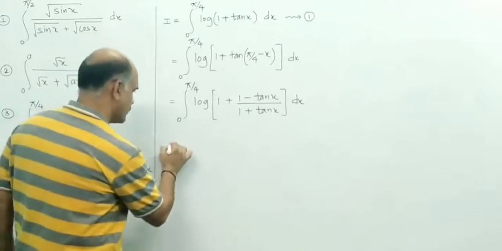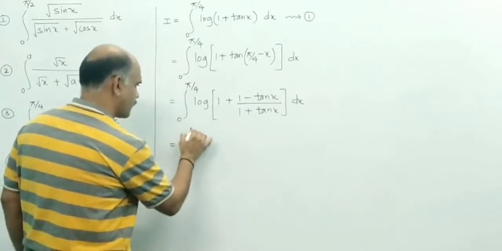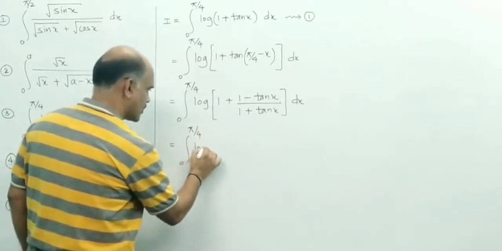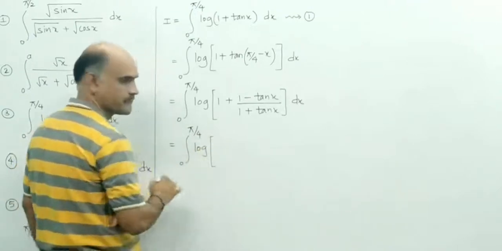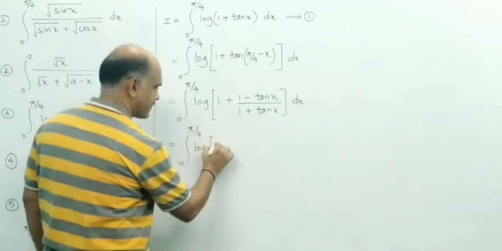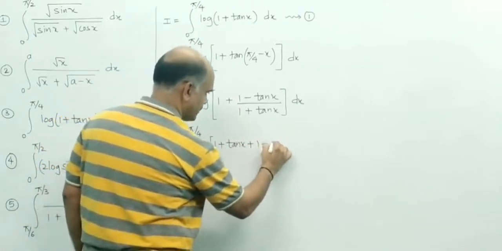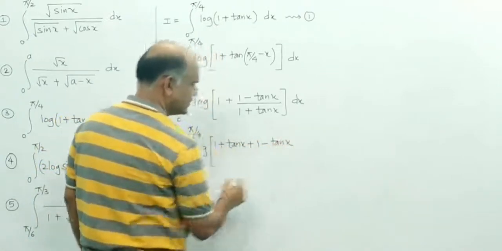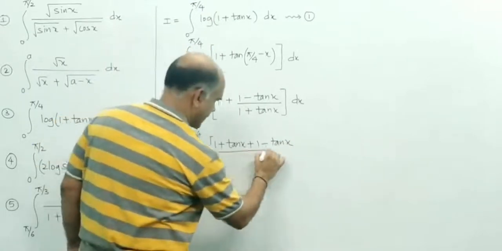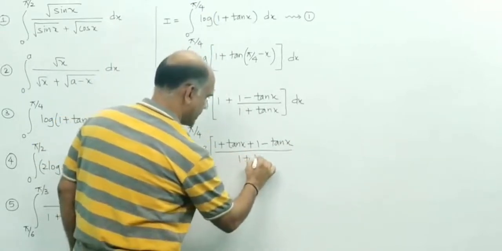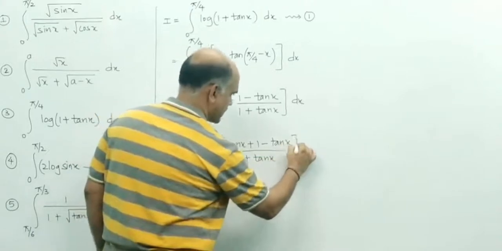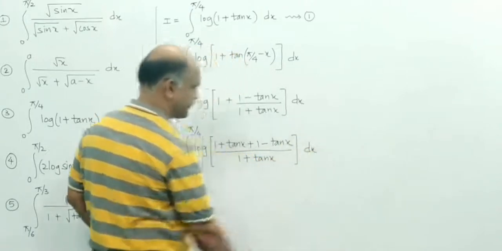So you will have 0 to pi by 4 log into bracket. So if I take LCM, 1 plus tan x plus 1 minus tan x whole divided by 1 plus tan x bracket complete dx.